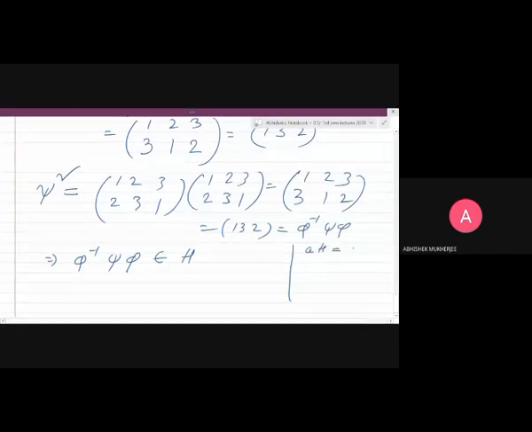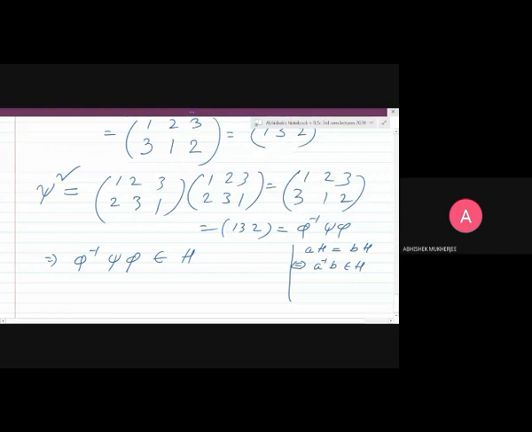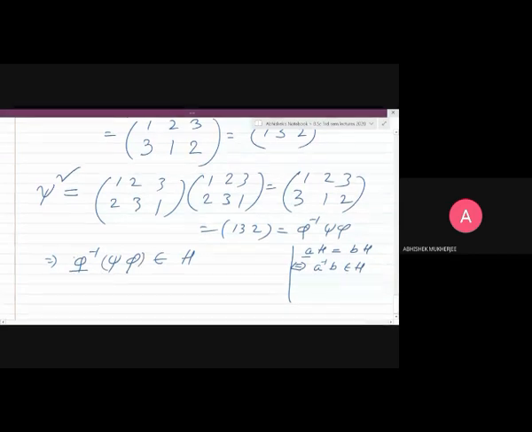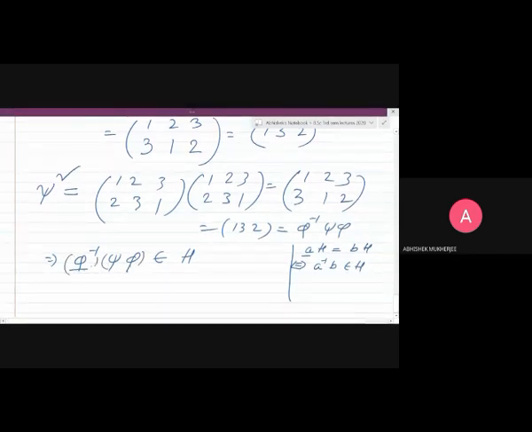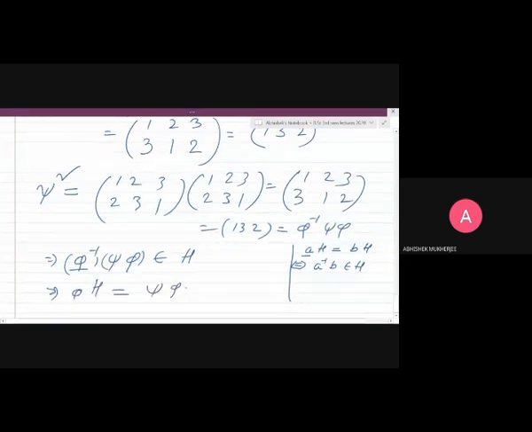two left cosets are equal if and only if A inverse B belongs to H. This is your phi, so A is phi inverse, and B is psi phi. So phi inverse psi phi belongs to H means phi H is equal to psi phi H. Is it clear?